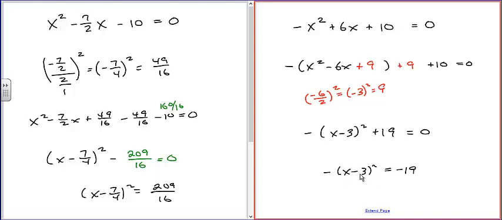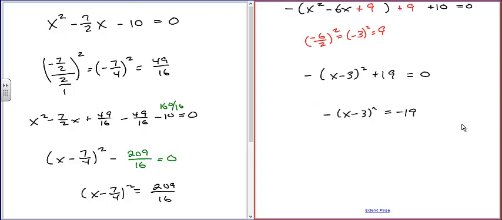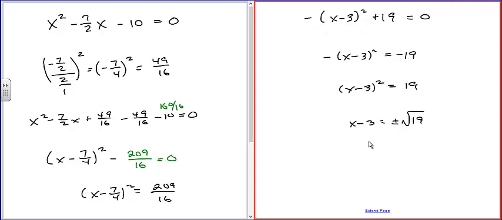Now, if I was trying to solve for the zeros, I could divide by -1, but sometimes we don't necessarily need to do that, and you'll see that in some later problems. So in this case, if we wanted to solve for the zeros, we'd divide everything by -1. You take the square root, so you get plus or minus the square root of 19, and then you'd add 3 to both sides, so you get x is equal to 3 plus or minus the square root of 19. Those would be the zeros of the original equation.